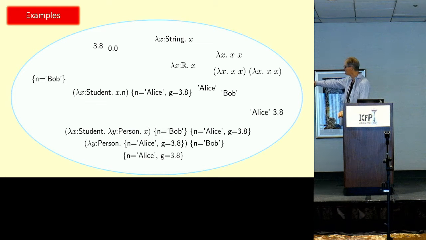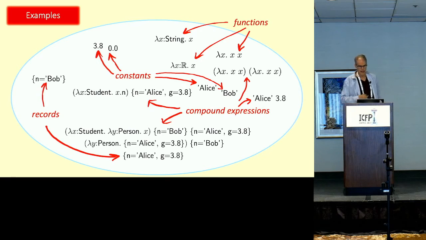We can have functions on strings. We can have crazy things like the Y Combinator, and we can have wrong things like strings applied to numbers. All of these are terms. And this is the lambda calculus. I will pause for questions if there are any. Let's go on.